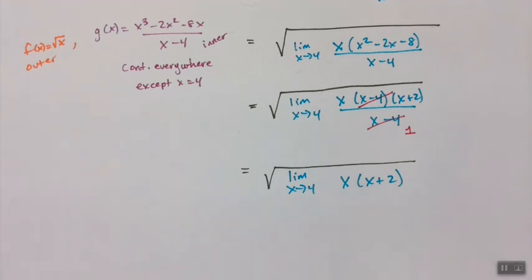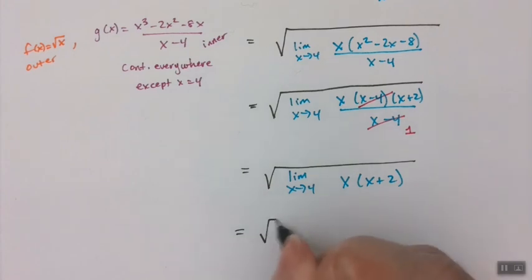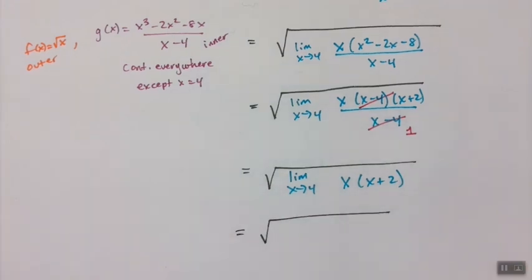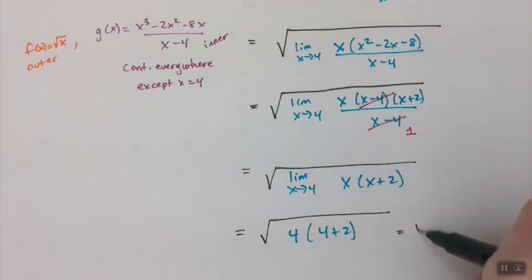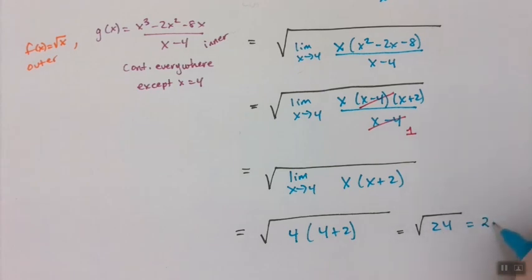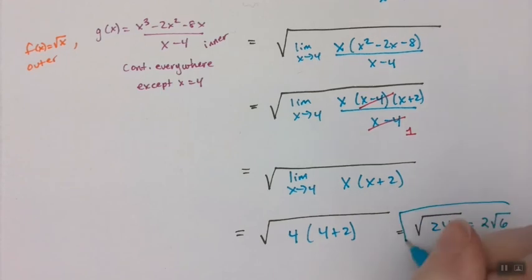Or, well, the denominator is 1, so that's kind of useless. So that would be equal to the square root of 4 times 4 plus 2, which would be 4 times 6, which is 24. So this is the square root of 24. If you want to reduce that, 4 goes into 24 6 times, so that's 2 square root of 6. Either one.